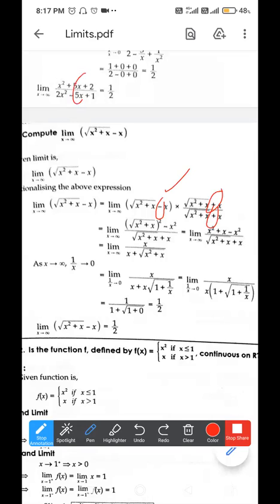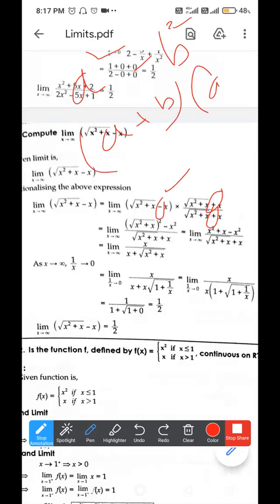What will happen? The a square minus b square formula will get applied. What is the a square minus b square formula? It is a plus b into a minus b. So that is root of x square plus x whole square minus x square by root of x square plus x.